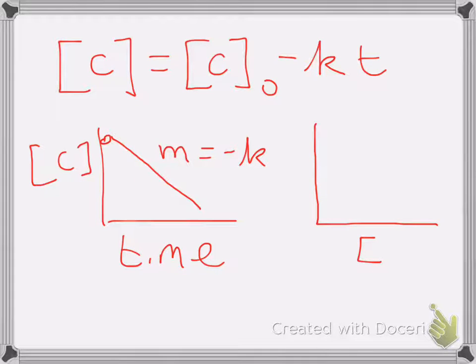If we were to look at the rate of the chemical reaction as a function of the concentration C, we would see a straight line because the slope or the rate of reaction doesn't change with concentration. It's in fact independent.